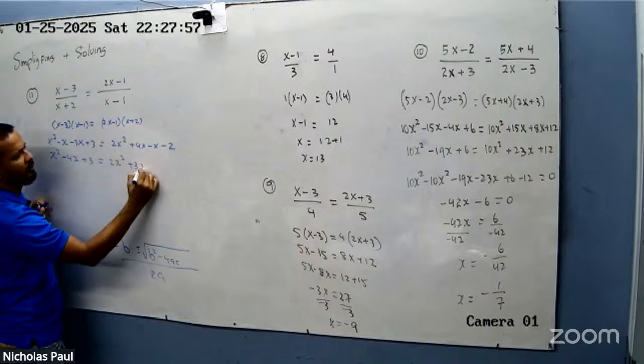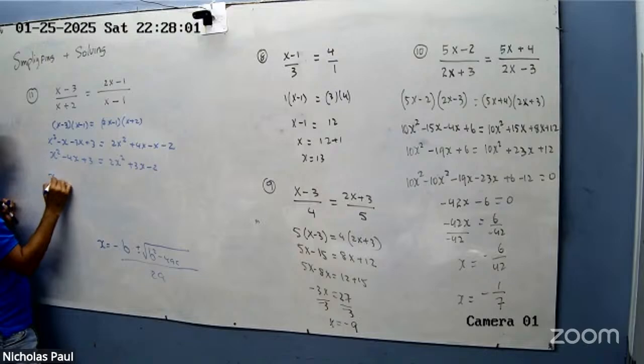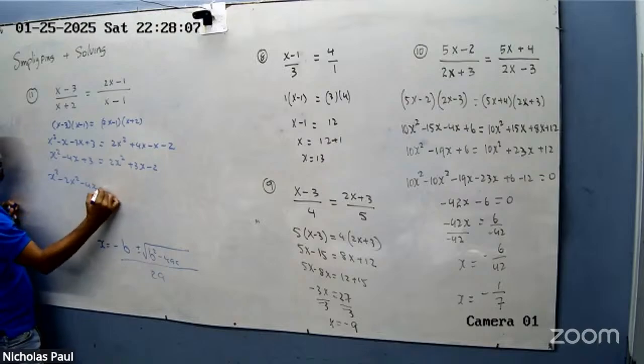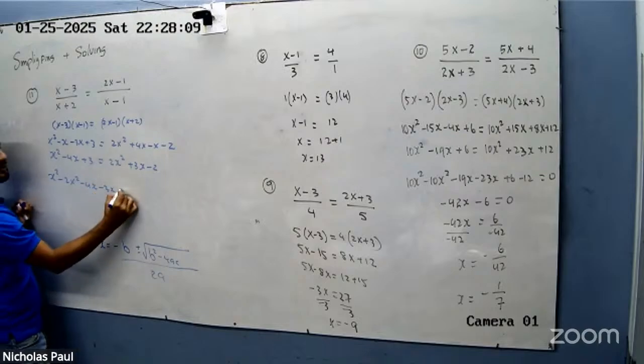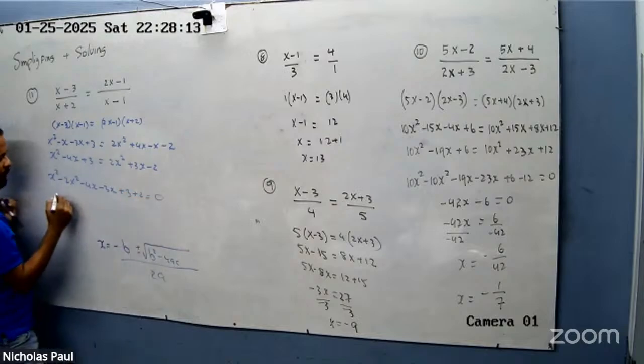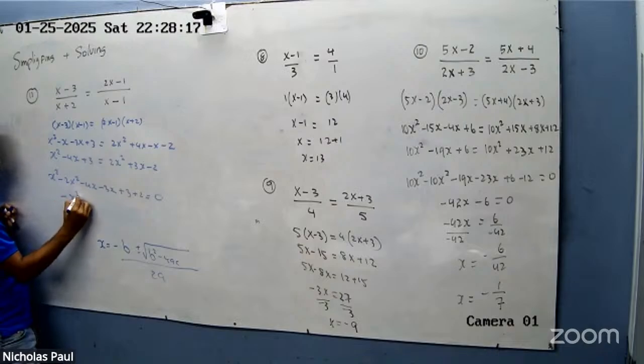Minus 2. So I'm bringing everything to the left side, right? So I'm moving across 2x squared, I'll get minus 2x squared. I'm moving across plus 3x, I'll get minus 3x. I'm moving across minus 2, I'll get plus 2. So x squared minus 2x squared is minus x squared.